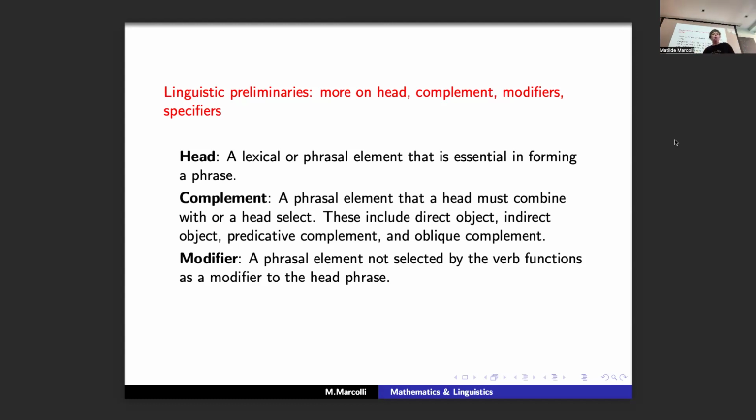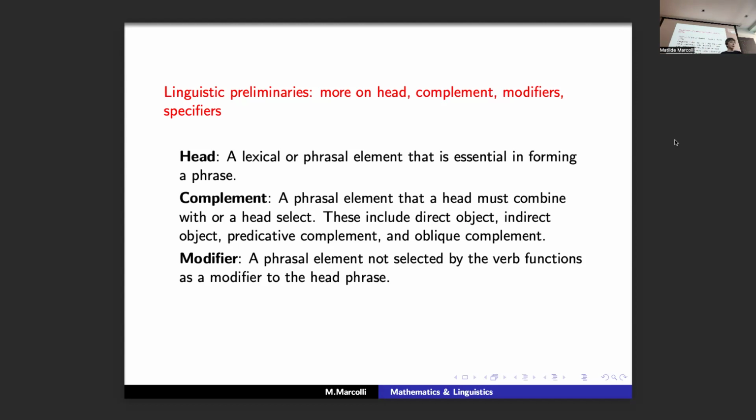So, for example, you have verbs that call for a direct object or an indirect object, or some other form of complementation. And a modifier is whatever you have as part of your other phrasal elements, which are not necessarily binding with the structure in a mandatory way.